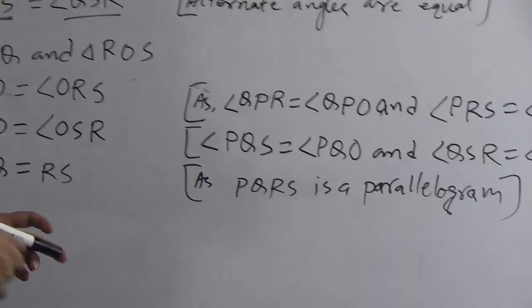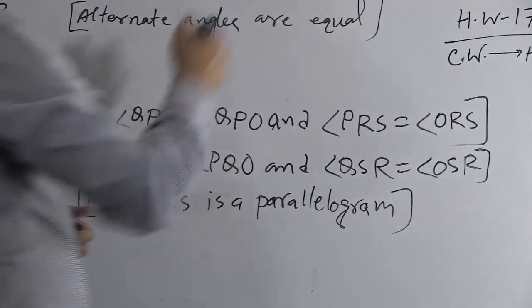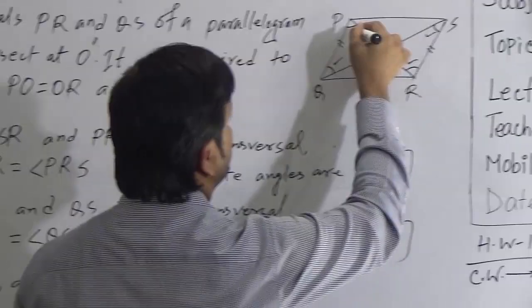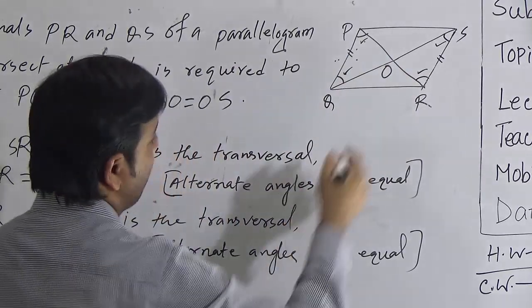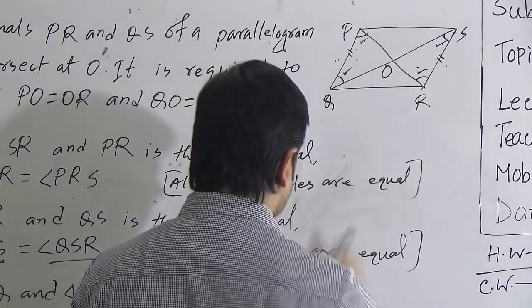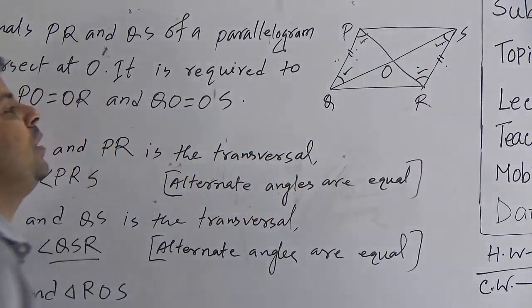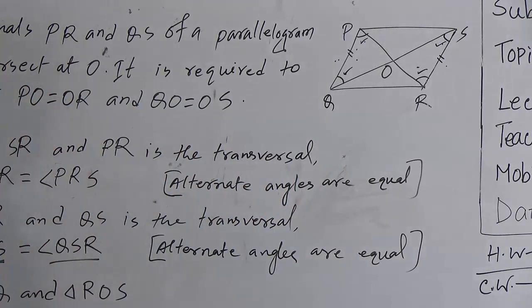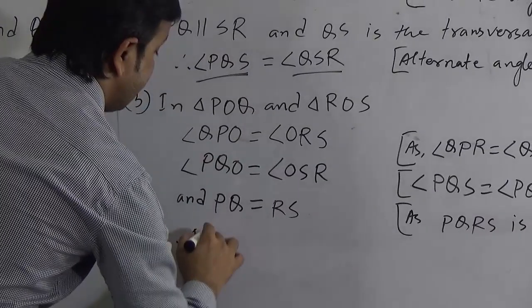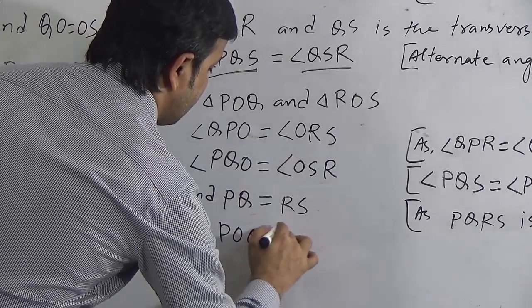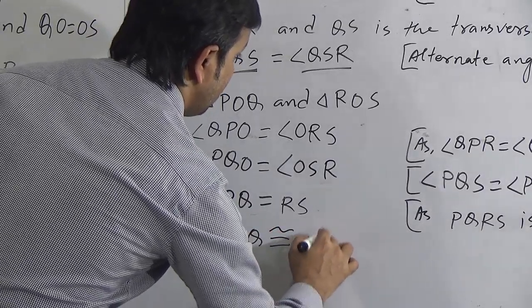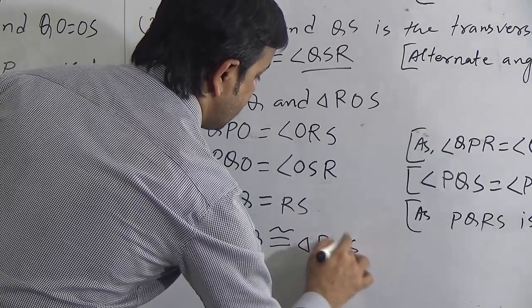So now if you notice here, two angles and their adjacent side of a triangle are equal to two angles and their adjacent side of another triangle. So these two triangles must be congruent. We can say therefore triangle POQ is congruent to triangle ROS.